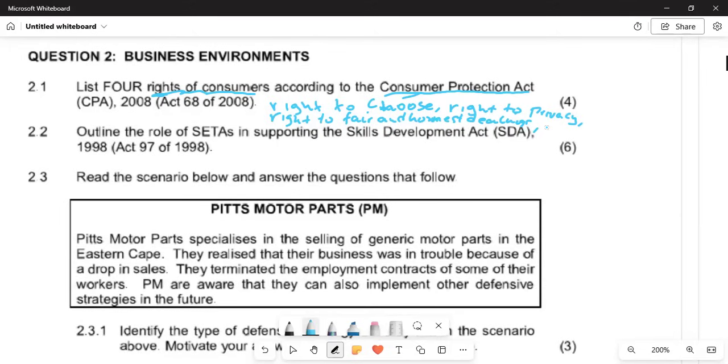Also, we can have the right to disclosure and information.